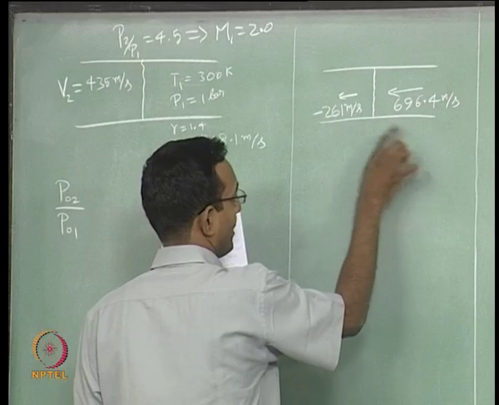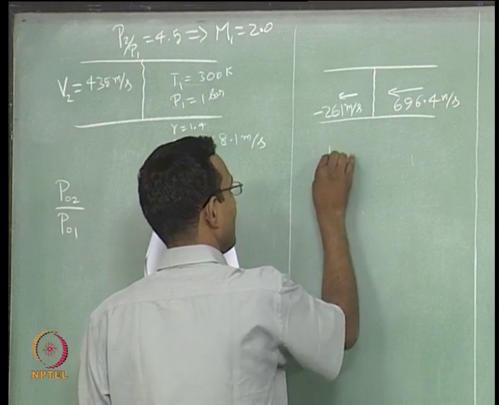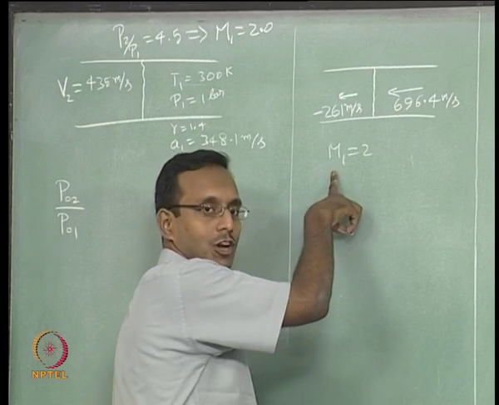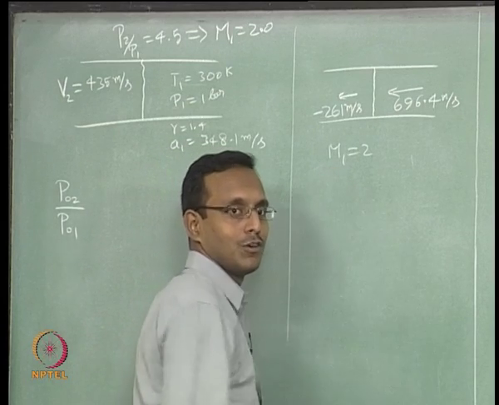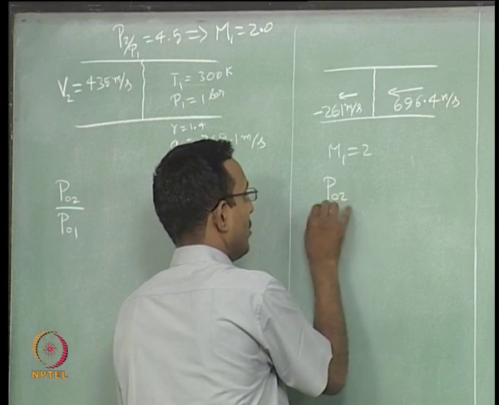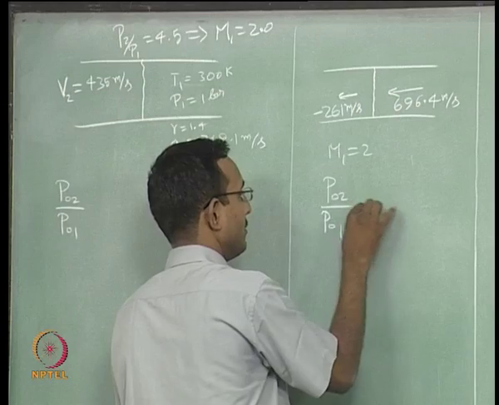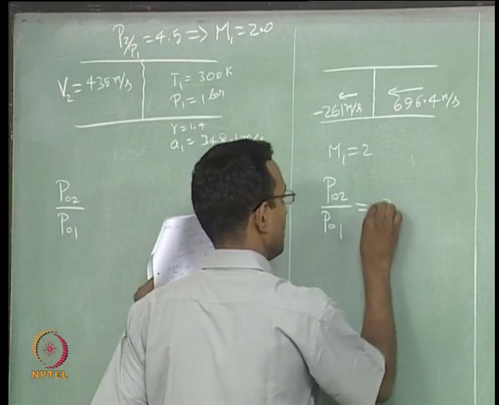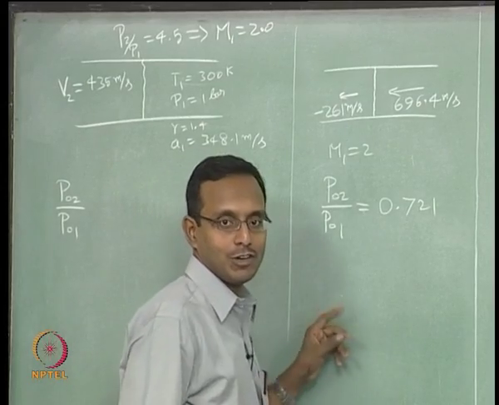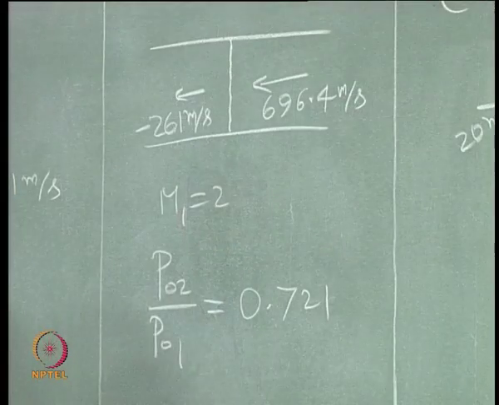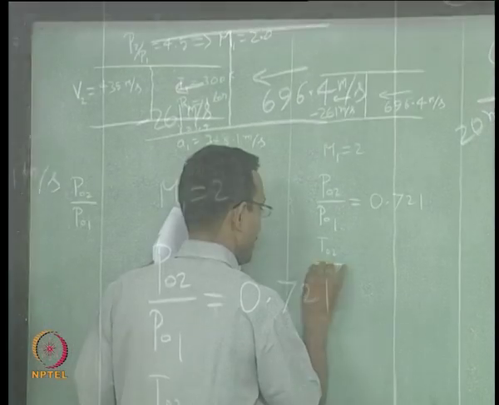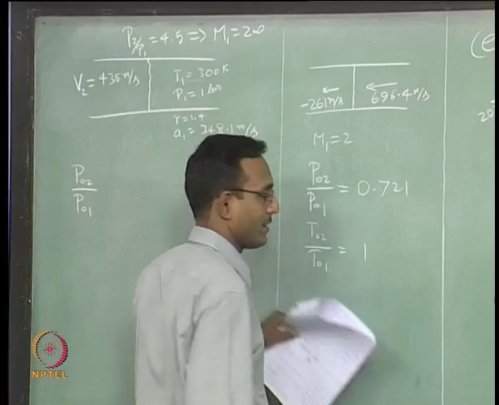If I have such a case, and for this problem M1 equal to 2 case, I go to shock fixed coordinates, right. So, I can directly go to normal shock tables, gamma equal to 1.4, and I will get P02 by P01 is 0.721. Of course, we already saw that in a normal shock P0 drops, that is what you are seeing here, and we know that T02 by T01 equal to 1.